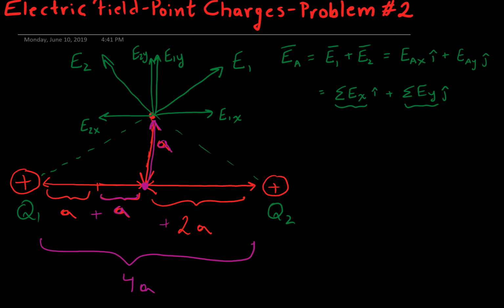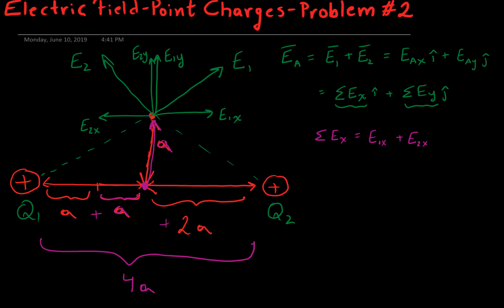Now, if we consider that definition, we see that the sum of the electric fields in the x is equal to the electric field of charge 1 in the x plus the electric field of charge 2 in the x.